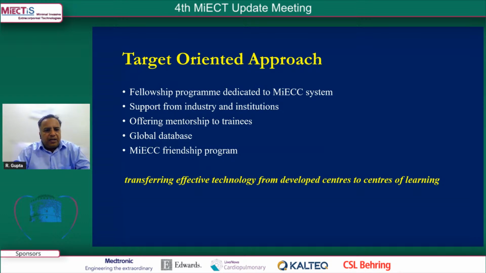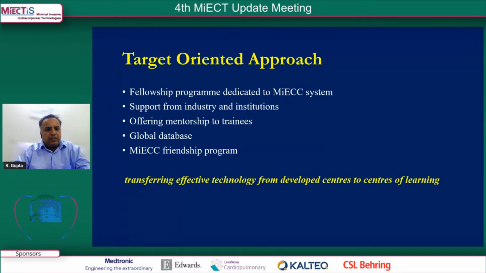And this is a very interesting point of my slide: the MiECT friendship program. In India, during the pandemic period, the government of India started a vaccine friendship program, and we distributed around 13 million doses of COVID vaccine to 98 countries free of cost under the Vaccine Maitri program.